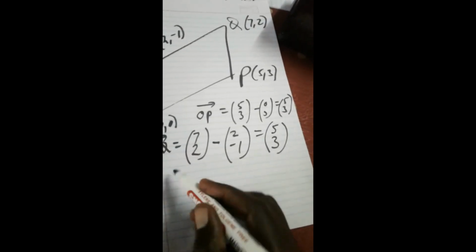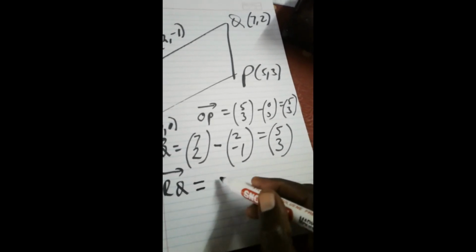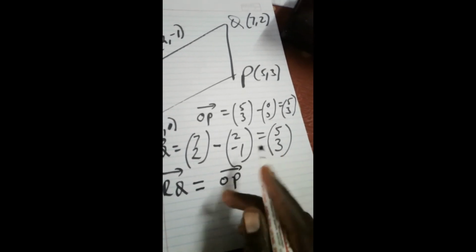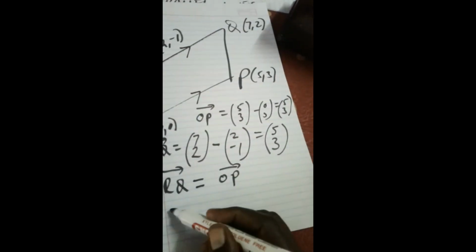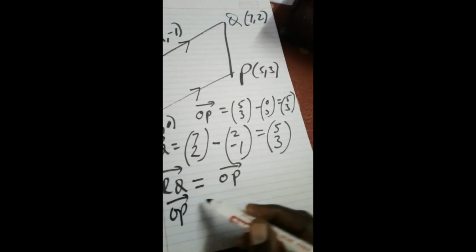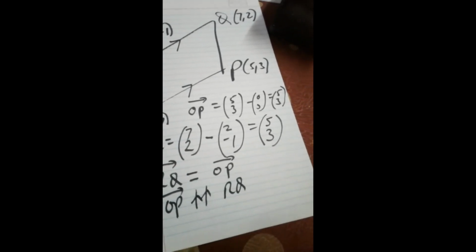Now you can say that RQ is equal to OP. They are equal, and on our diagram they are parallel. Therefore, OP is equal to RQ, and therefore is parallel to RQ.